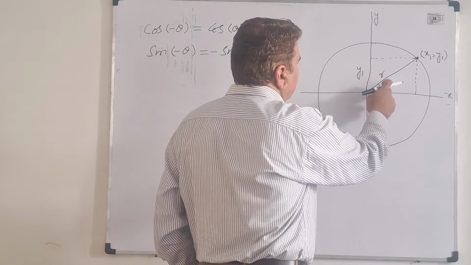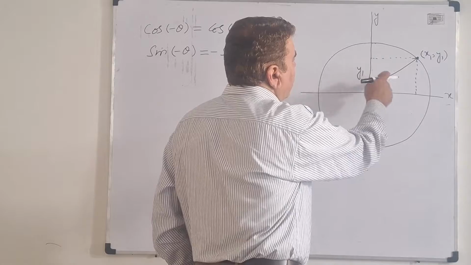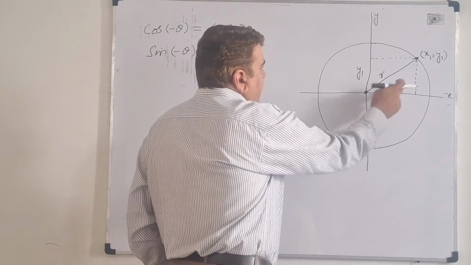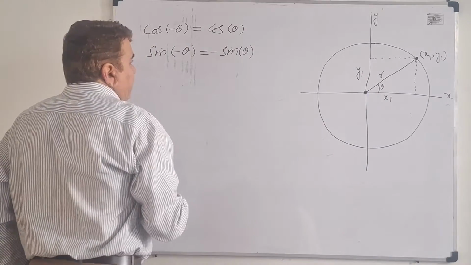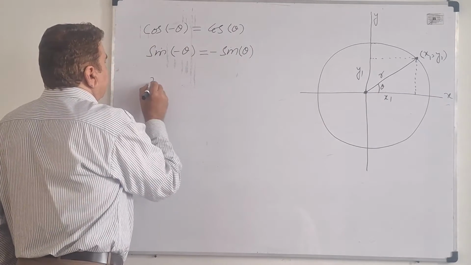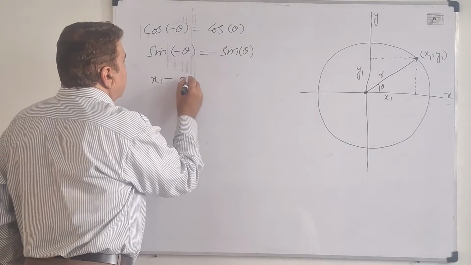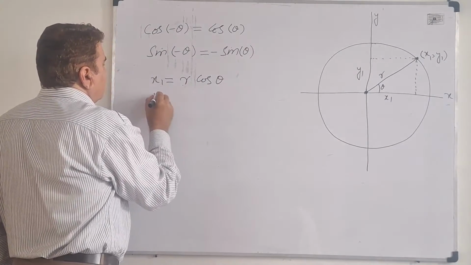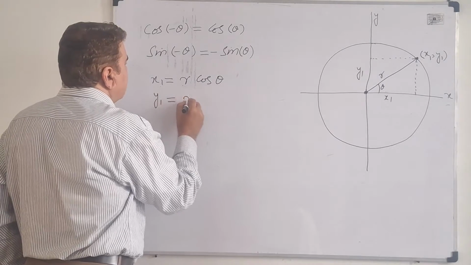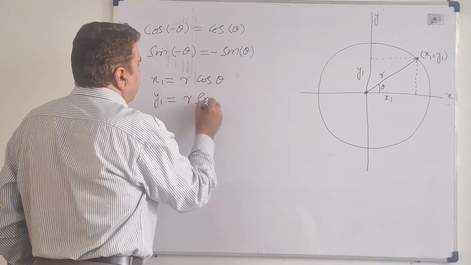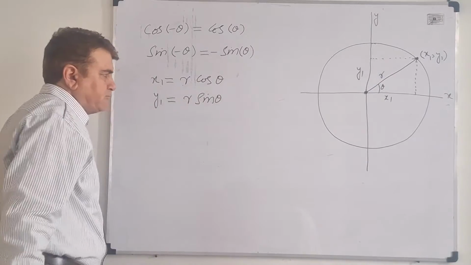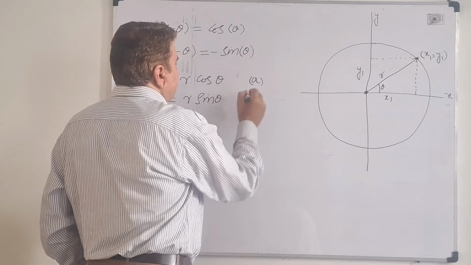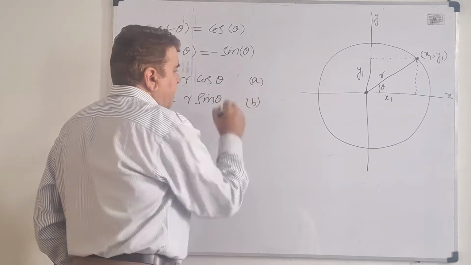That is, x1 equals r times cos theta, and y1 equals r times sine theta. I may call this equation A and this equation B.